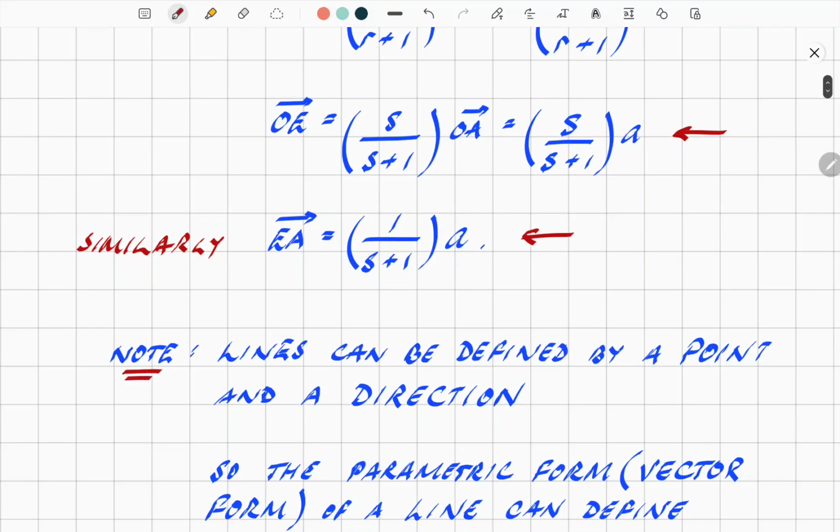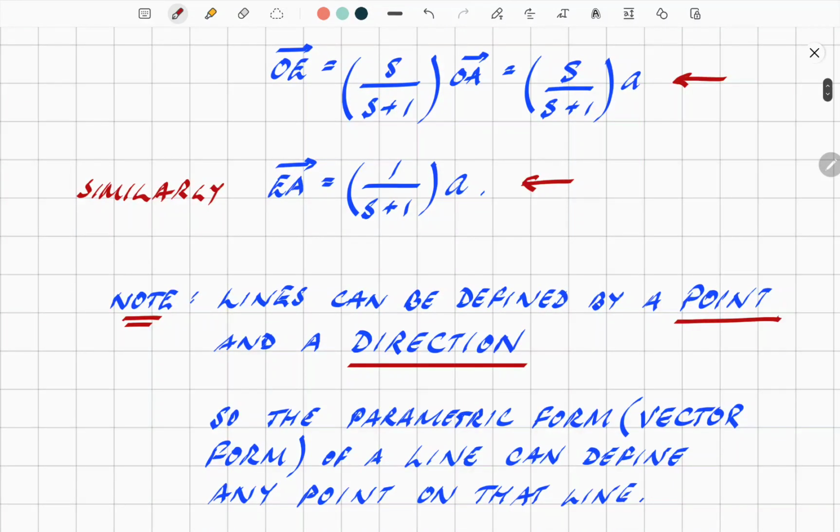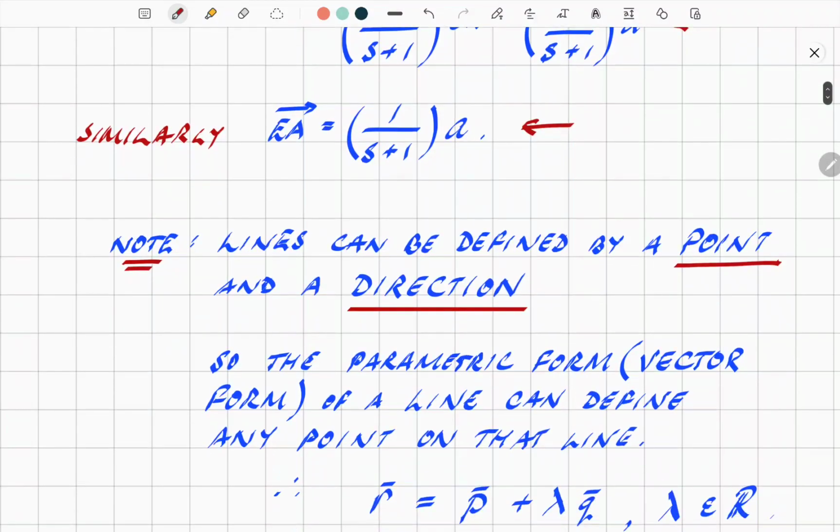Note from your A-level and perhaps further maths vector geometry and vector line equations that lines can be defined by a point and a direction. That's all you need to define a line. The parametric form of lines, which many of you will call the vector form of a line, can define any point on that line.